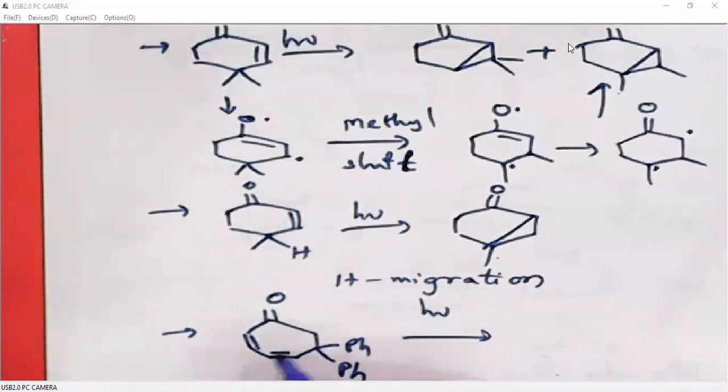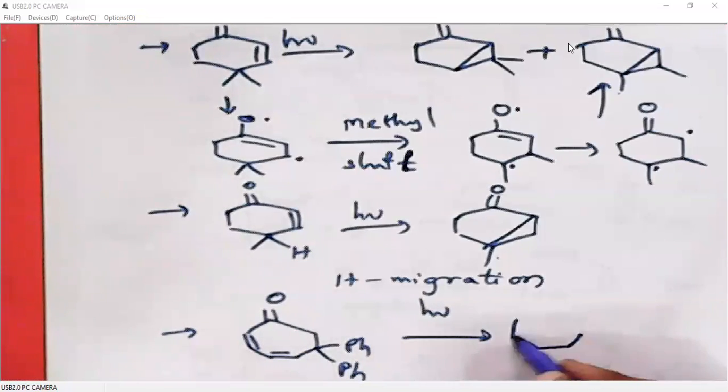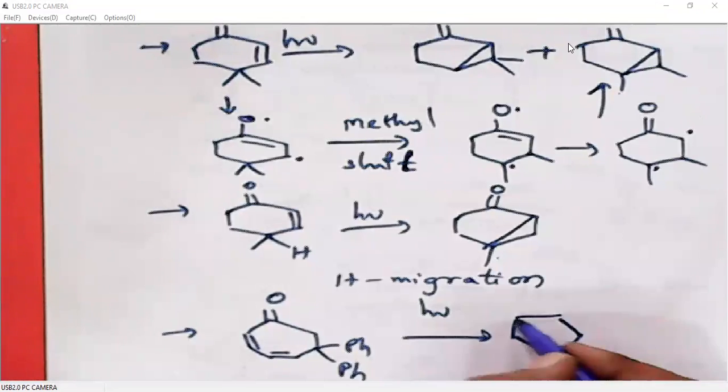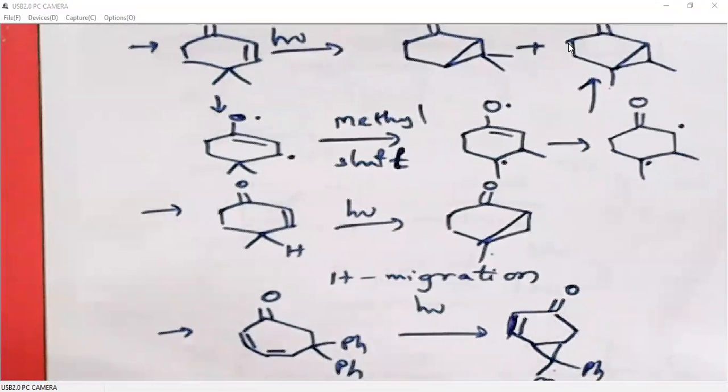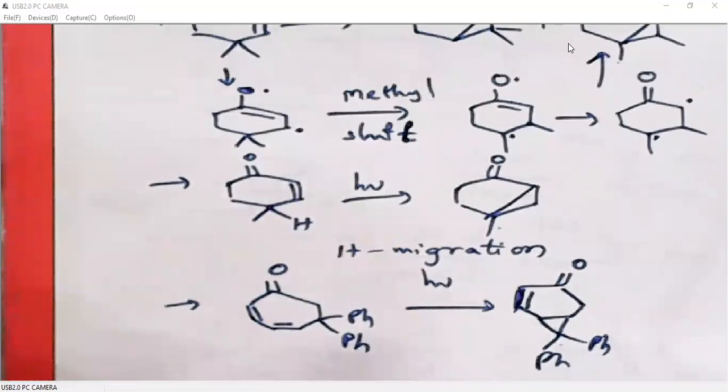So this bond will break down. One, two, three, four, five, 6. And Ph, Ph, this is the double. Okay, it is similar to the first one, but one double bond addition.